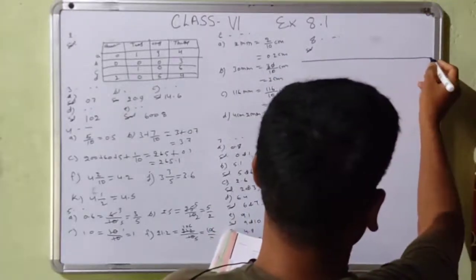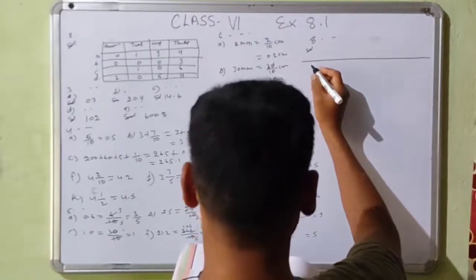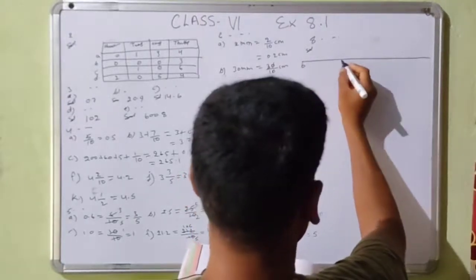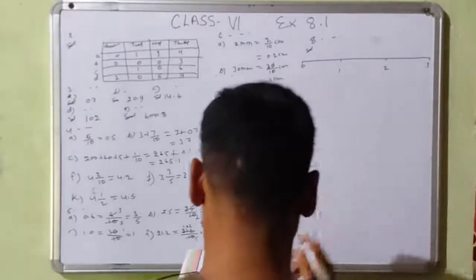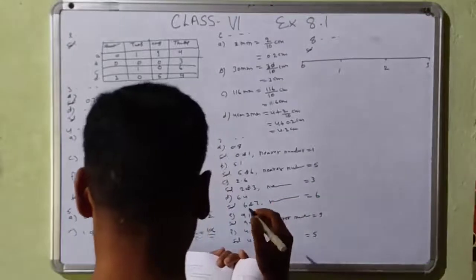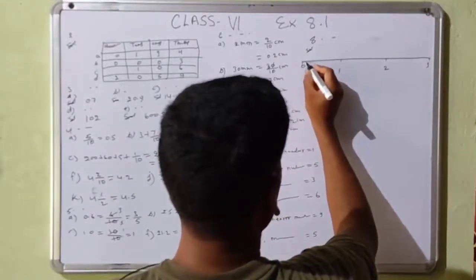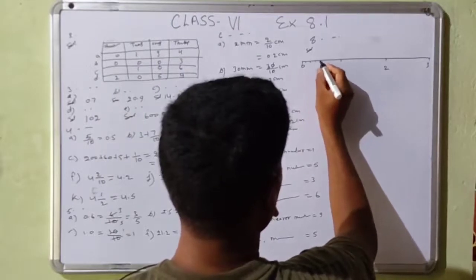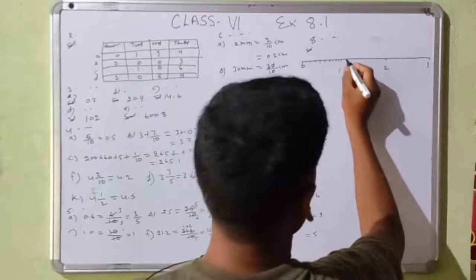First of all, you draw a number line, and then you write numbers 0, 1, 2, 3, and then we will draw 9 lines in between them. 1, 2, 3, 4, 5, 6, 7, 8, 9.